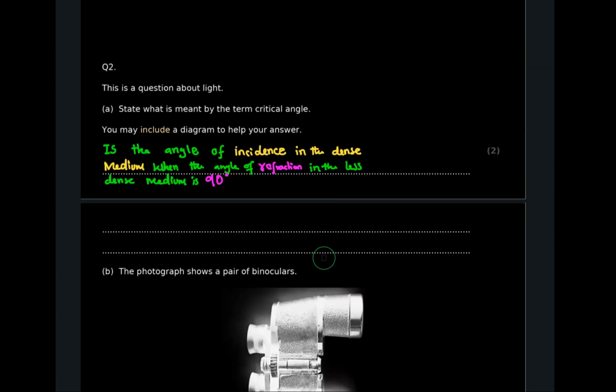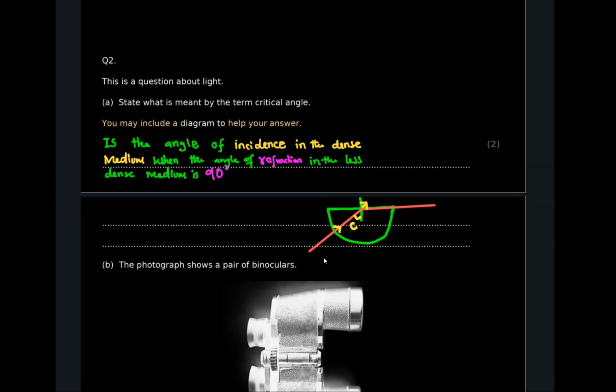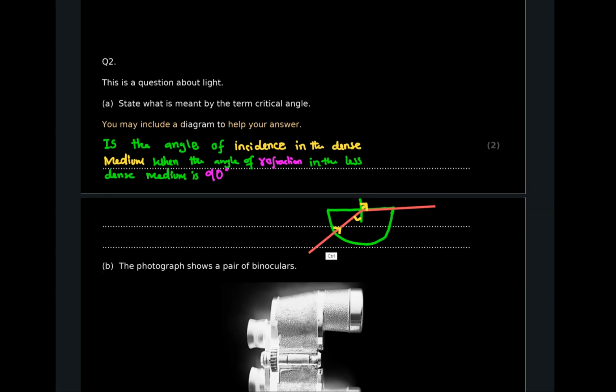And you can even draw a diagram, maybe using a semicircular glass block. If a ray is directed like that, it's moving from glass. At the point where this ray meets the curved part of the glass, the ray does not undergo any refraction because it meets the glass at 90 degrees.